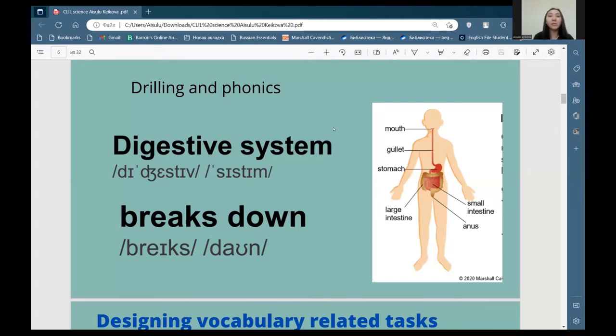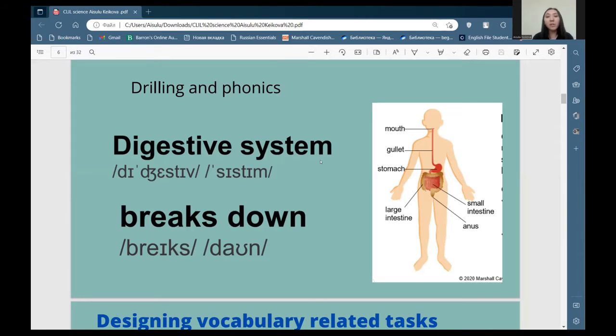So what I really do is I say, digestive system, and then they repeat, digestive system breaks down. So it's not repeating together, it's giving time for the teacher to model the right pronunciation and then ask the children to continue to repeat the phrase.